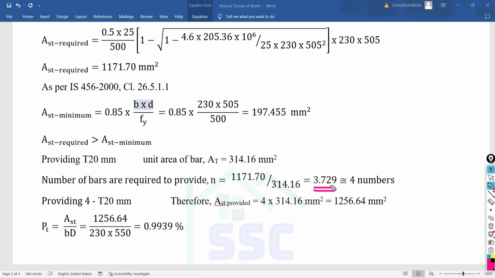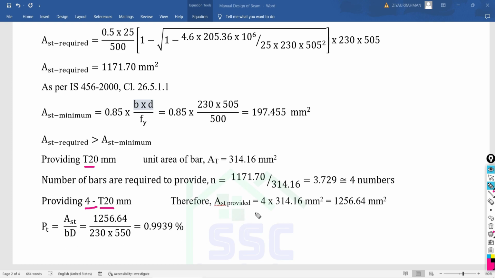So here 3.729 bars are required. We cannot provide this number and we cannot provide lower than this value. So at least you have to provide more than this. The next round value is 4 numbers. So here it is written, we are going to provide 4 bars of 20 mm diameter.